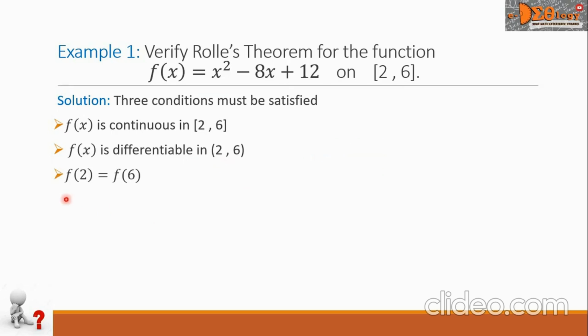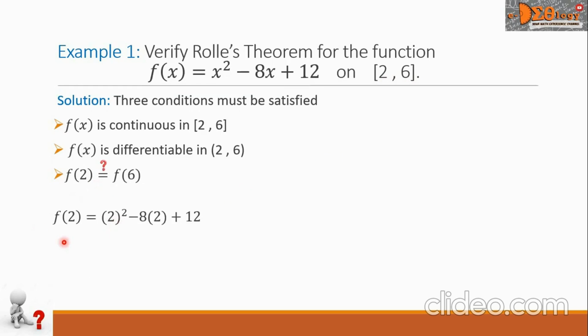Third condition, f of 2 equals f of 6. Take note that in our interval here, the first number is A, the second number is B. So our f of 2 is equal to f of 6 must be verified first.